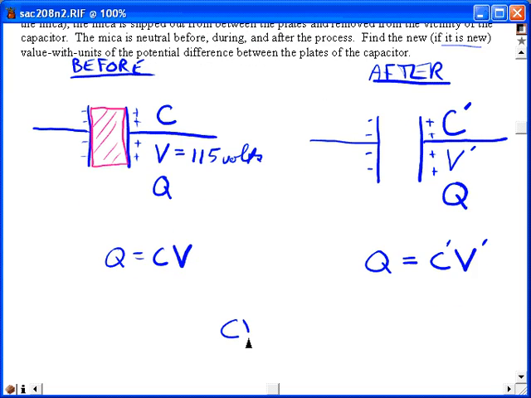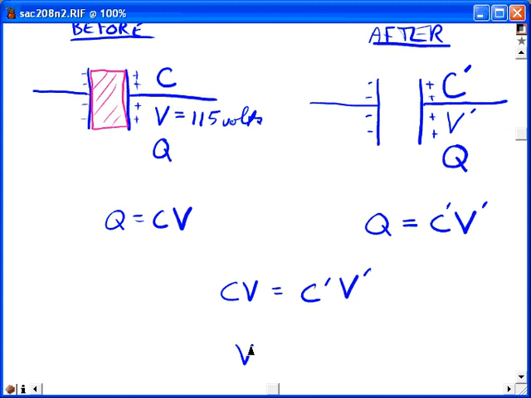Now, the left-hand sides are identical, so the right-hand sides must be equal to each other, so I can set CV equal to C prime V prime. We're looking for V prime, so let's go ahead and solve for V prime. I'll be dividing both sides by C prime and then switching sides. I get this equation.